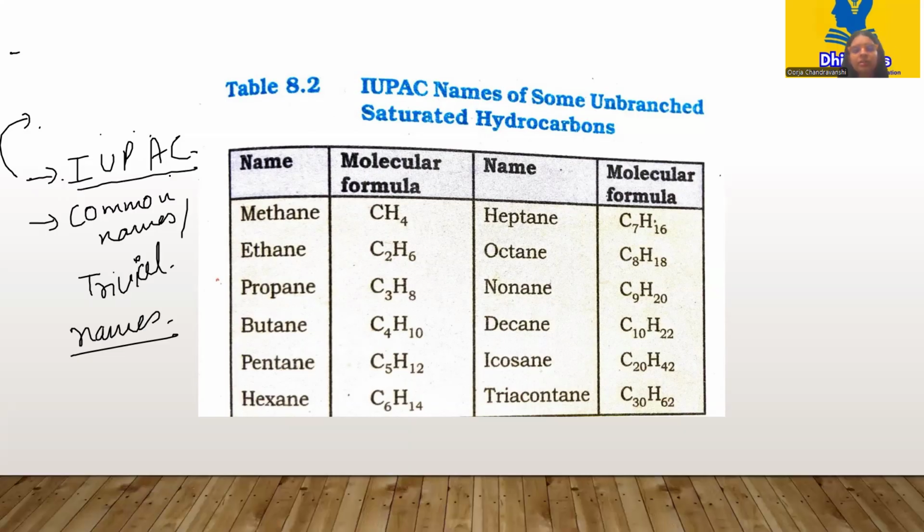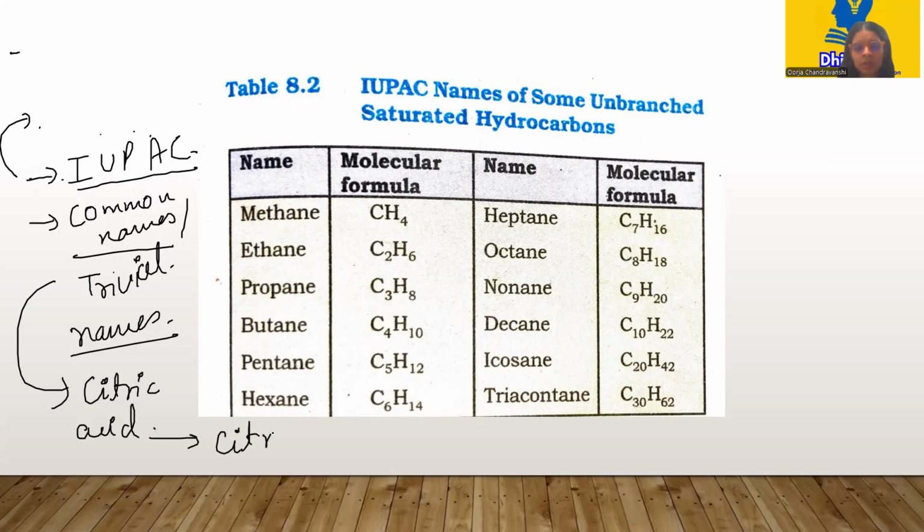This body has given out some rules as to on what basis the nomenclature of compounds is done. Now, common names, however, don't have any specific rules. These were derived, like, for example, citric acid. Citric acid is found in citrus fruits. So the origin was used to name some of the compounds.